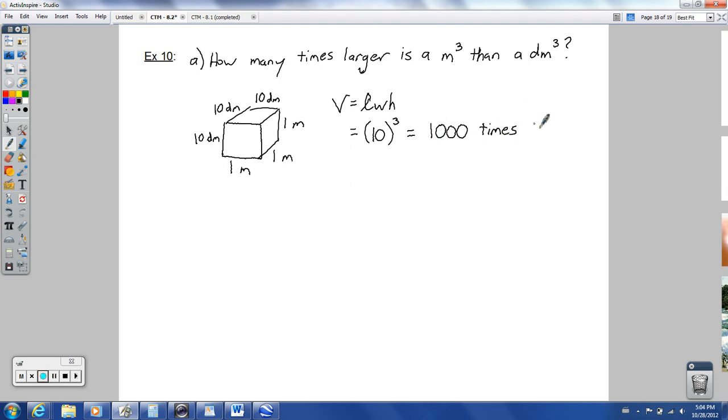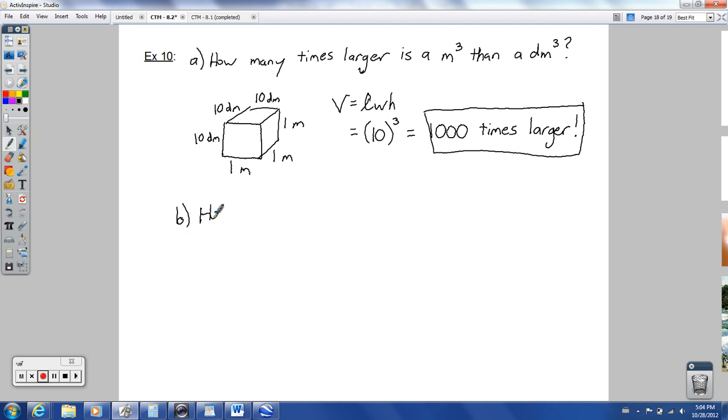Remember, with 4 or less digits, we don't need the spaces, so it's 1,000 times larger. That's a lot bigger than I was originally thinking. Maybe not what I was originally thinking, maybe what you were. Much bigger. Remember, with volume, the bigger things get, the exponentially faster they grow.